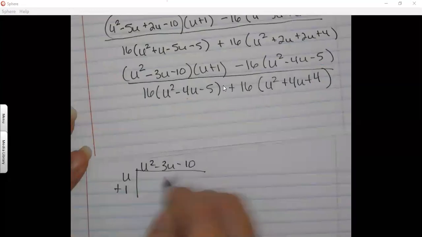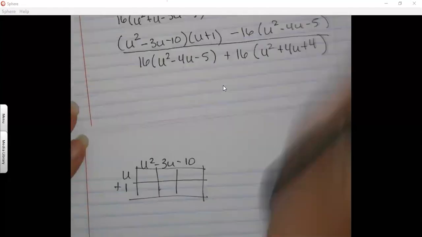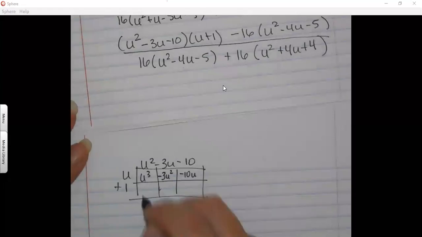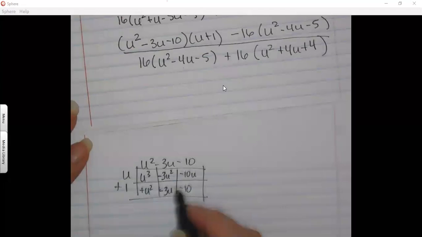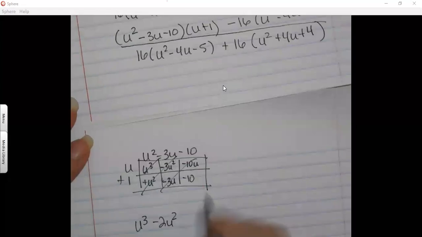I'm trying to hurry so I can eat. u cubed minus 3u squared minus 10u plus u squared minus 3u minus 10. That's going to give me, for the top left, u cubed minus 2u squared minus 13u minus 10.